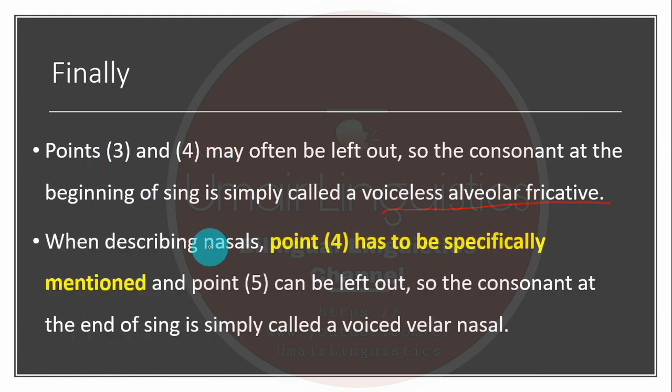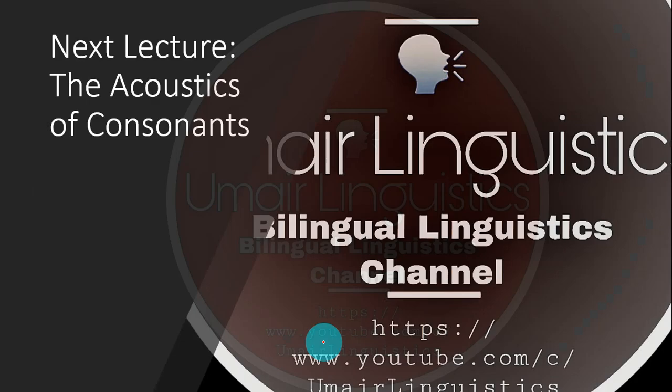However, when describing nasal sounds, point 4 needs to be discussed, whether the velum is lowered or raised. This point has to be specifically mentioned while describing nasal sounds. But point 5 can be skipped. So the consonant at the end of sing is simply called a voiced, velar, nasal. So this is all about today's lecture. I hope you have understood it, and the next lecture will be the acoustics of consonants.